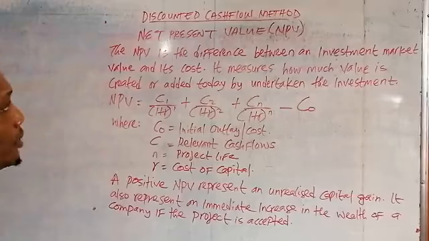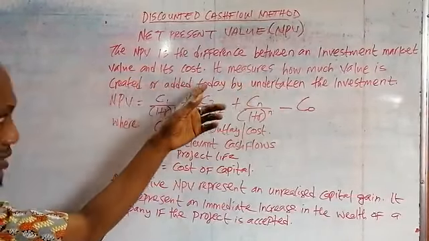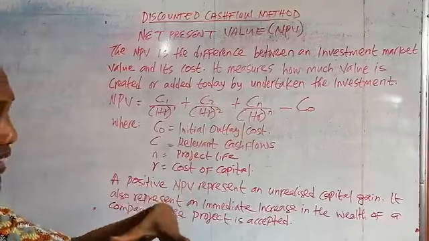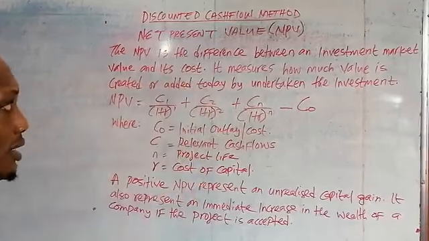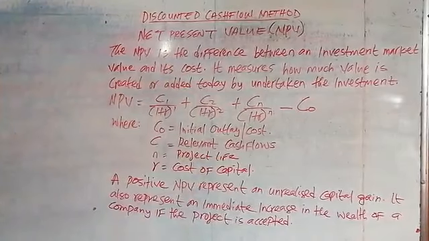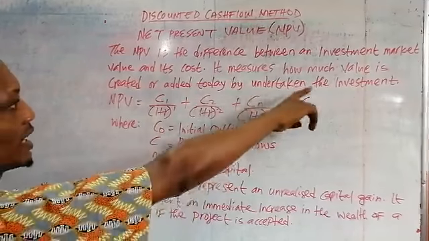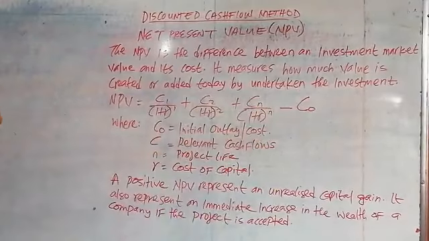Therefore, it is defined as the difference between an investment's market value and its cost. Just two variables: the market value of that investment and the cost. Revenue minus cost gives you your net present value. It measures how much value is created or added today by undertaking the investment.